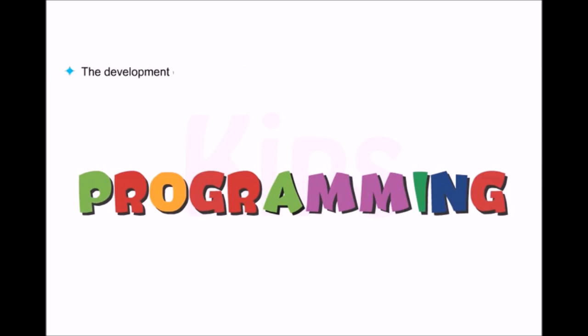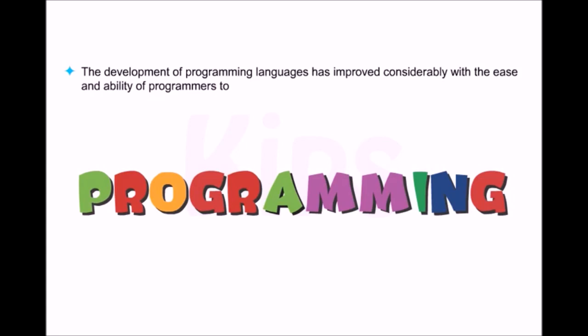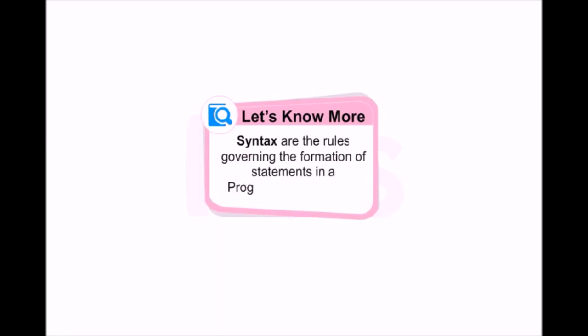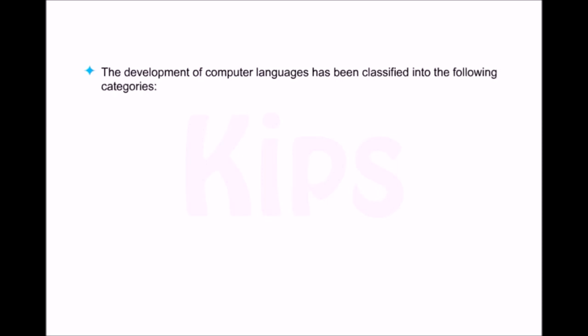The development of programming languages has improved considerably with the ease and ability of programmers to write powerful application programs. Students, please note that syntax are the rules governing the formation of statements in a programming language. The development of computer languages has been classified into the following categories.